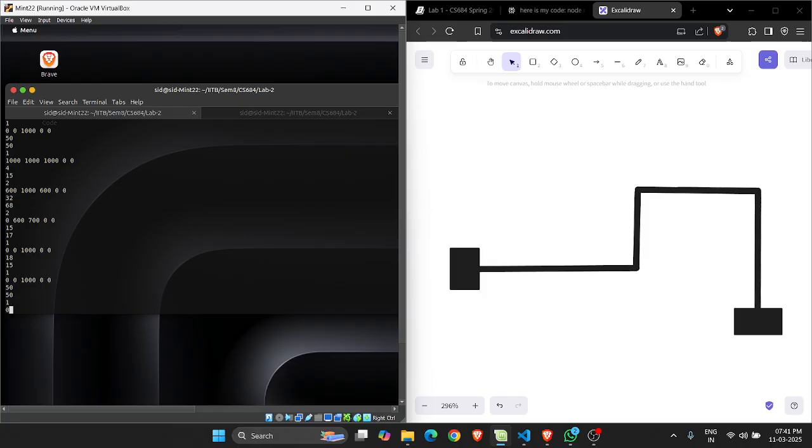So the input would be 0, 0, 1000, 1000, 1000. Now the output is VL greater than VR and the direction is 3, which means we are moving in the right direction.